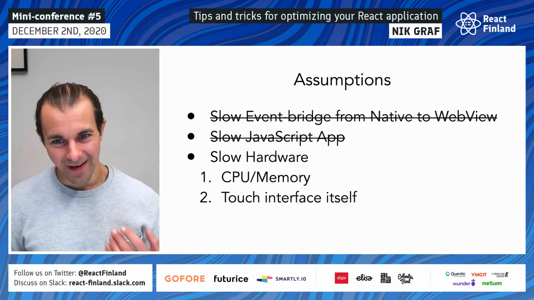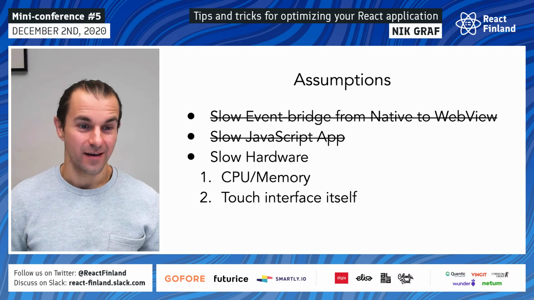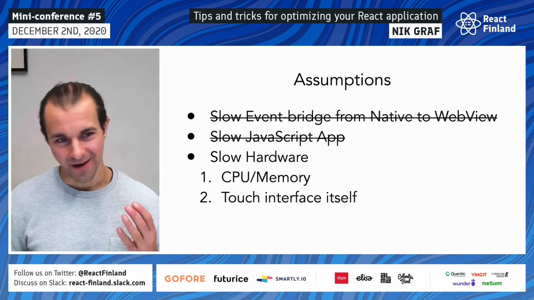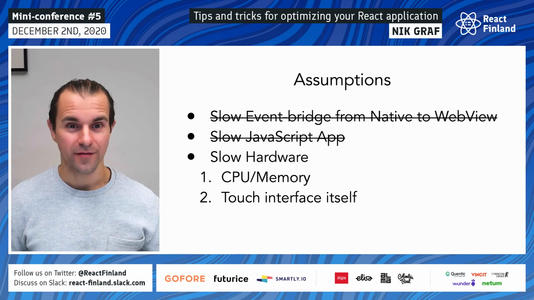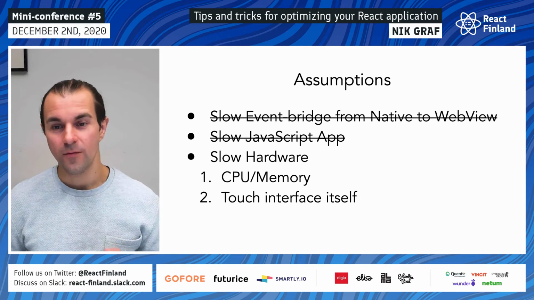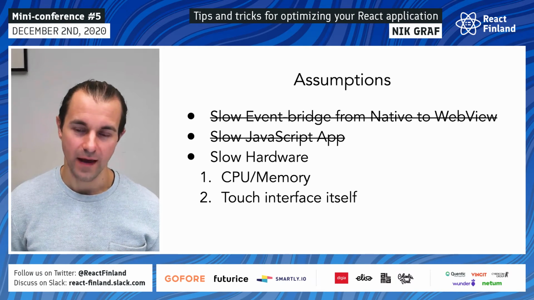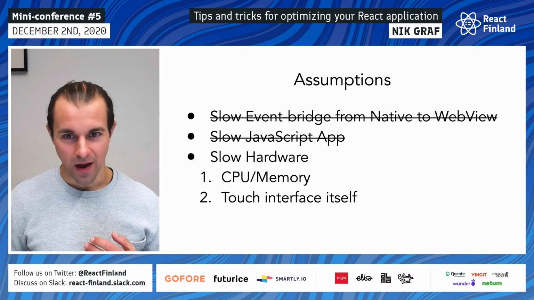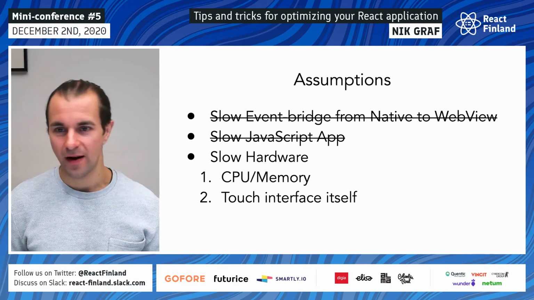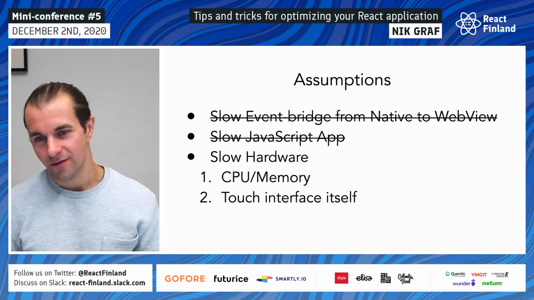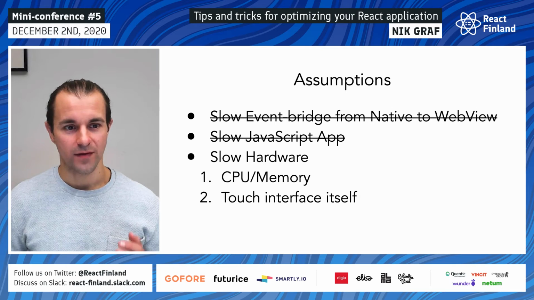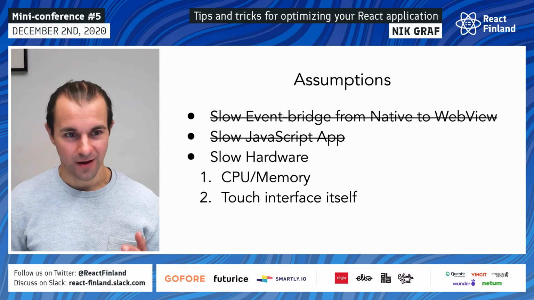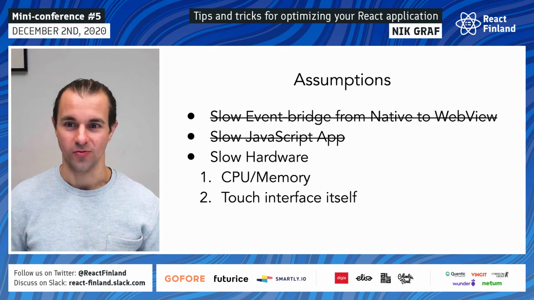It was a very interesting deep dive, because if we had done this wrong, we might have ended up with half a year of work trying to rewrite everything into native to make it faster, and we would probably have gained something, but if you have this root cause of slow hardware, you're screwed.